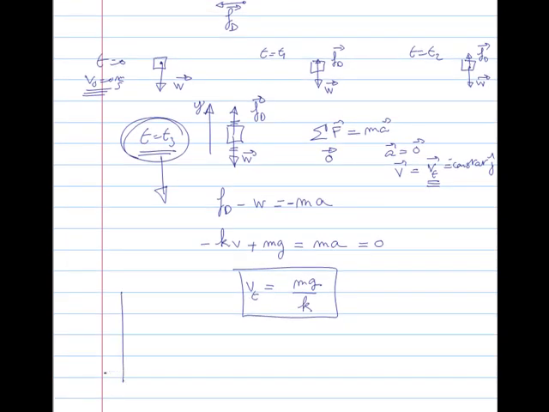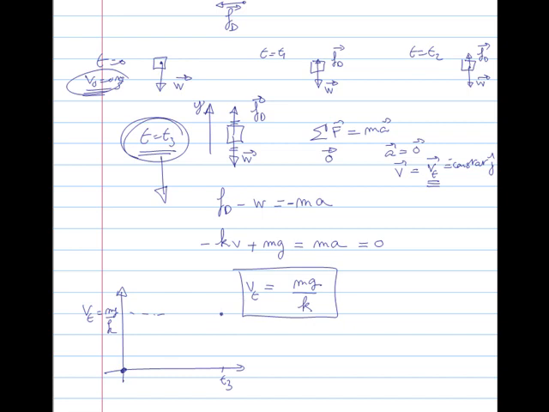So now we can plot this particular behavior. We start at v0 equal to 0, and we know that at t3, which is a time after t0, the velocity will reach a constant value vt, which is mg divided by k.